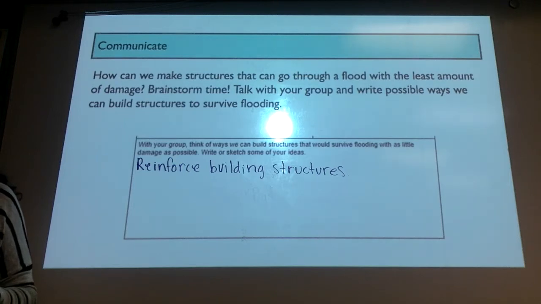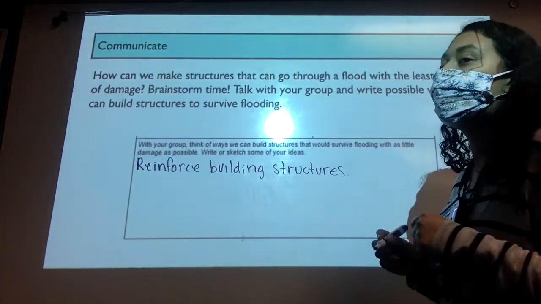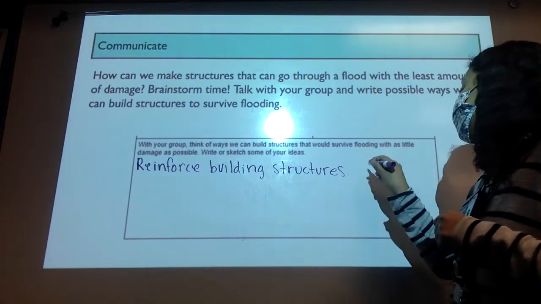Having metal bars put all over your house and then duct tape it. Having metal bars, like a fence? Okay. But no holes or anything like that. Okay.